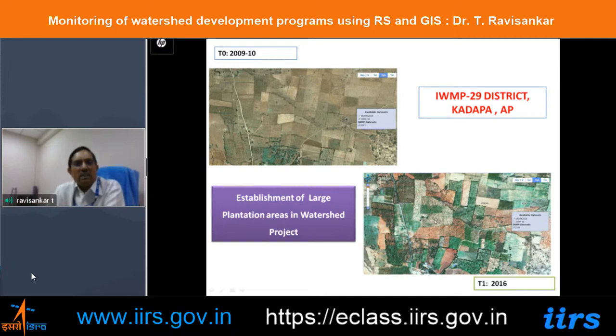This is mostly mango plantations, based on my field visits. I could tell you, and you can see how the improvement has taken place over the period of 2009-10 to 2016. In the subsequent years, the plantation areas will put up a lot of biomass and other benefits will follow sequentially.